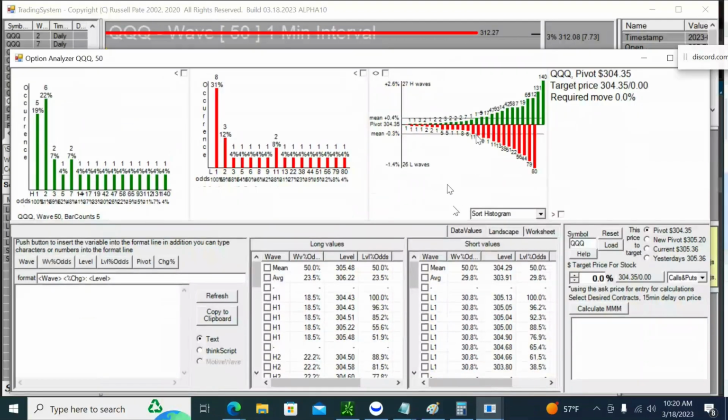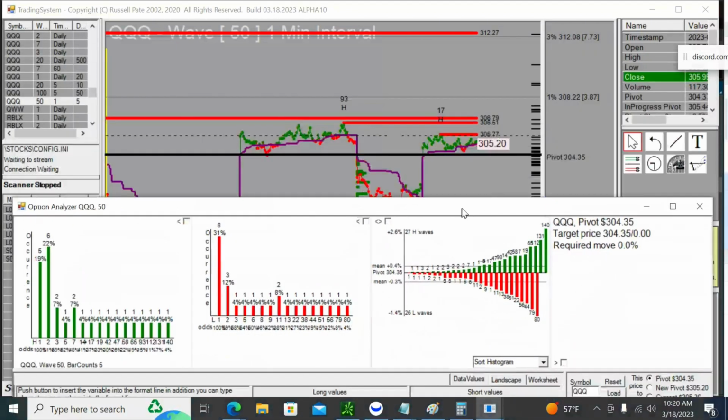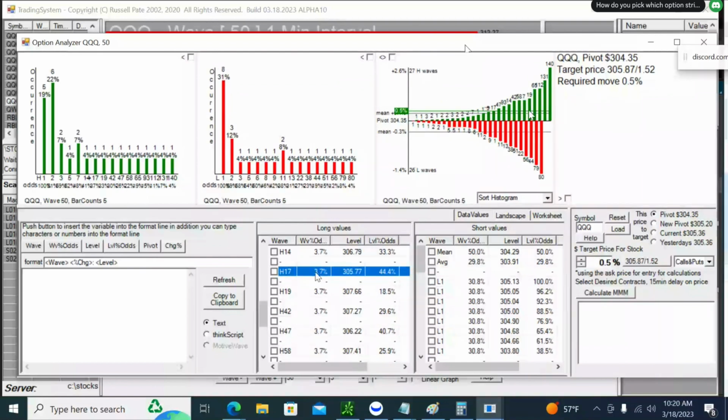It was assigned in H17. So I can come down here to an H17, highlight it, and now it shows me where we're at up here.